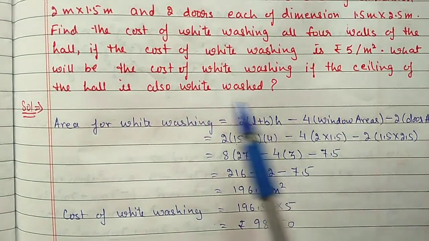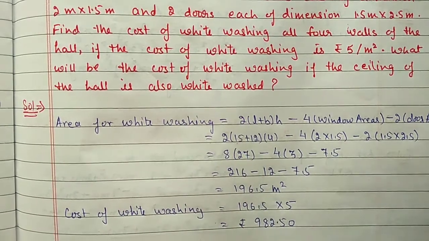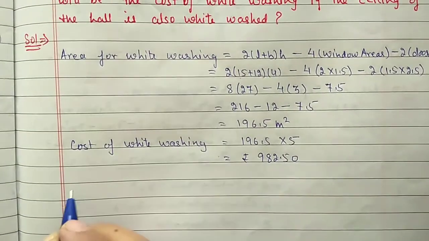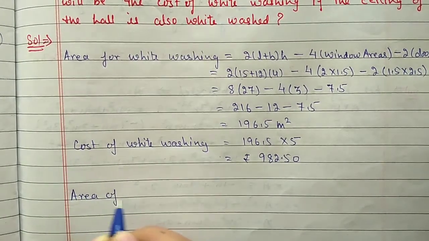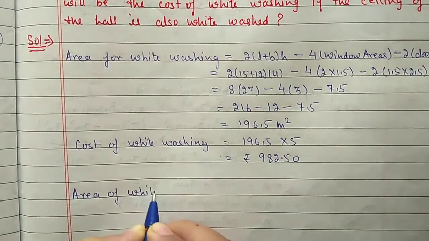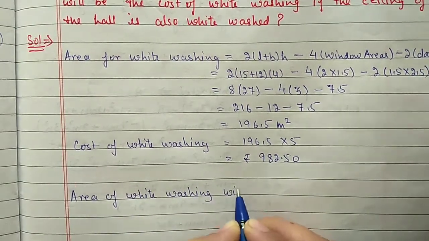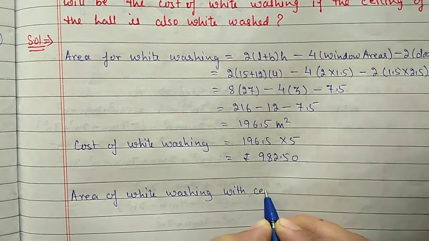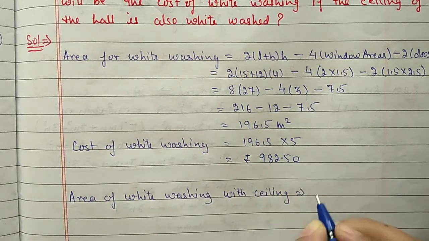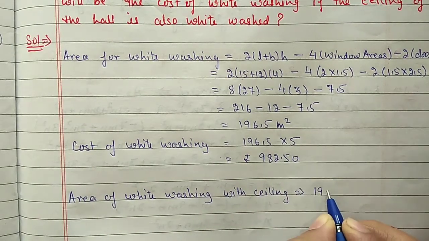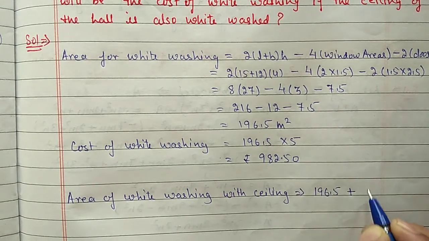Second thing, we have to find out the cost of whitewashing if the ceiling of the hall is also whitewashed. So first we will find out the area of whitewashing with the ceiling. Before, we have calculated this much area, 196.5 meter square, and in this area we will add the ceiling area also.